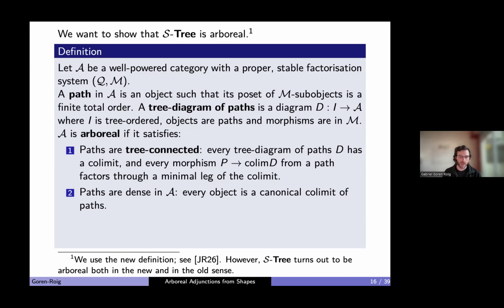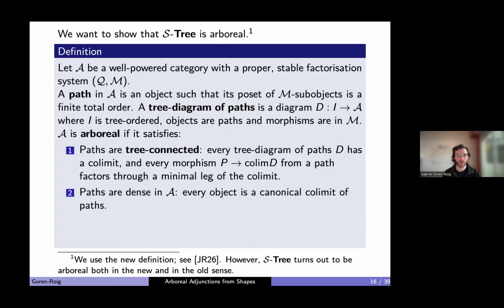It has to do with point number 2, actually. If you look at all the paths into an object, that gives you a cone, but you can actually factor the entire cone using the factorization system. And then you get a diagram, or rather a cone, where all the legs are embeddings, right?